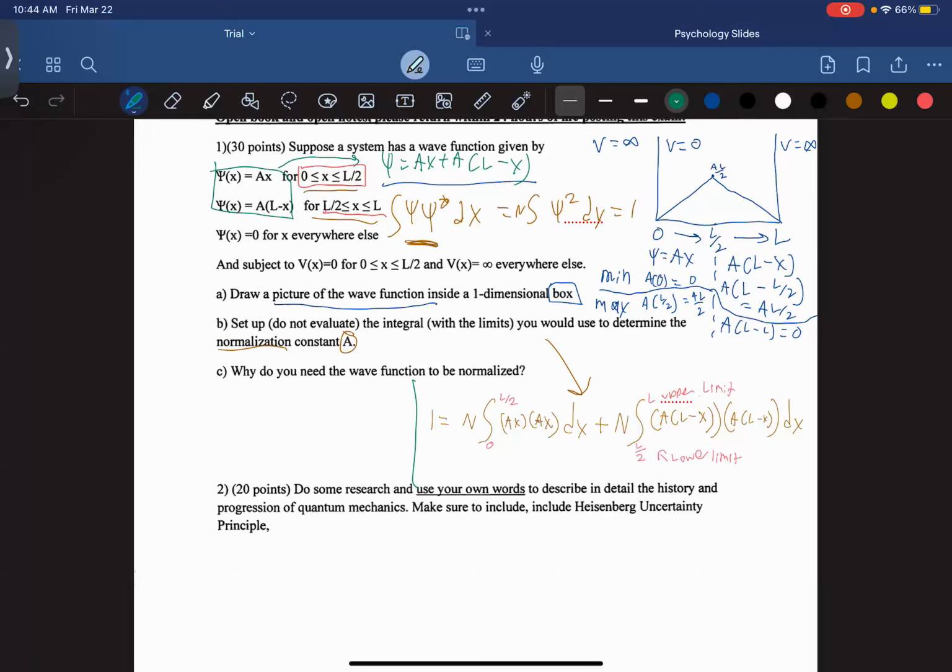So yeah, which means the probability of finding your particle in the box is 1.